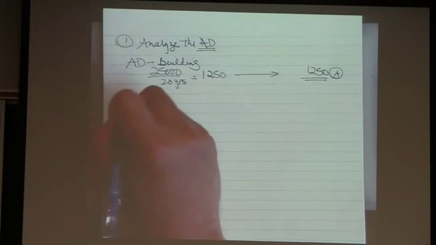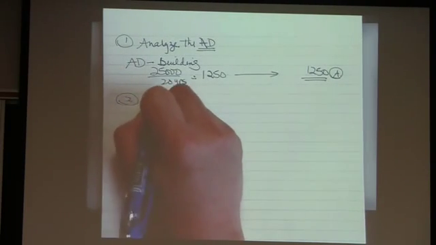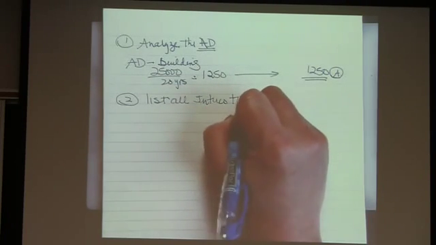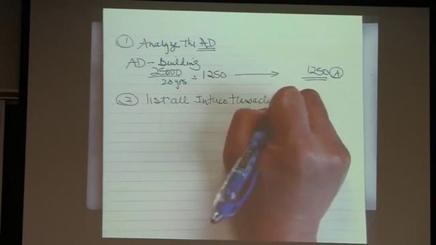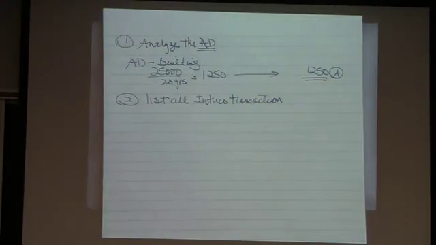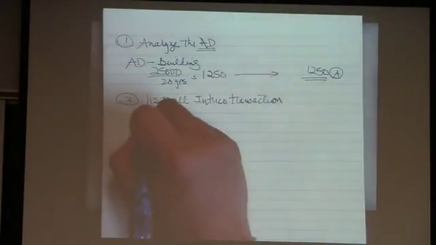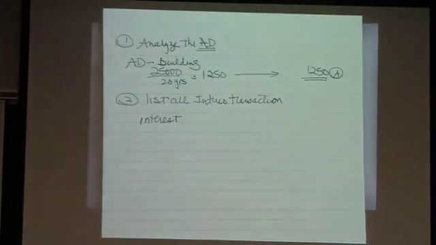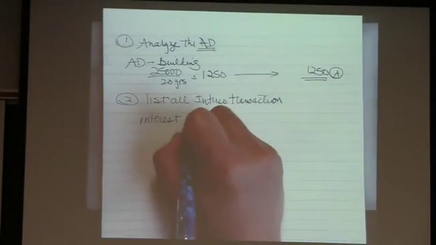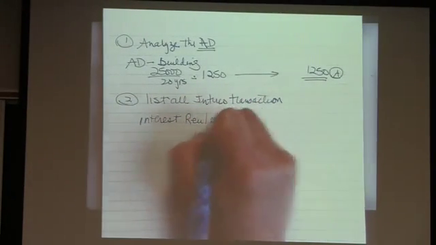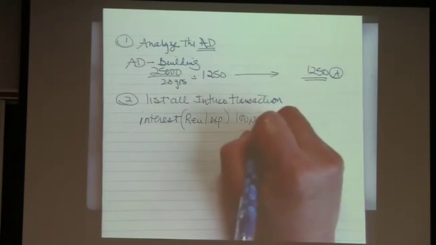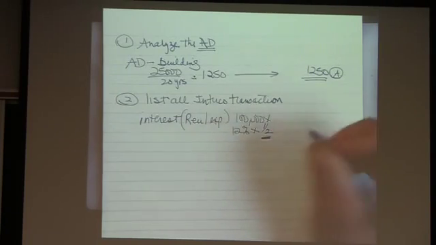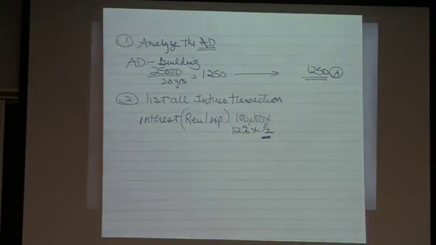Now, the second step is I want to list all intercompany transactions so that I can eliminate them in both revenue and expenses. The first one is interest, right? Interest revenue and expense we know was 100,000 times 12% times 1/2, because it was only from July 1st.